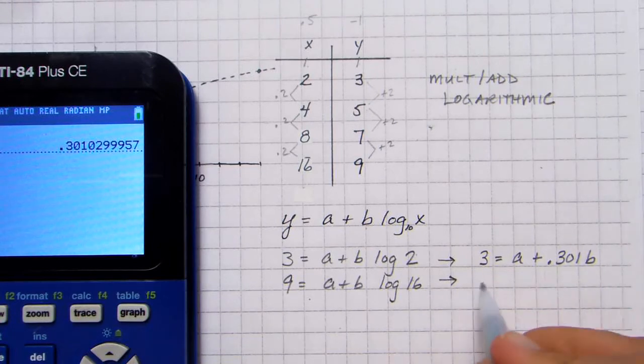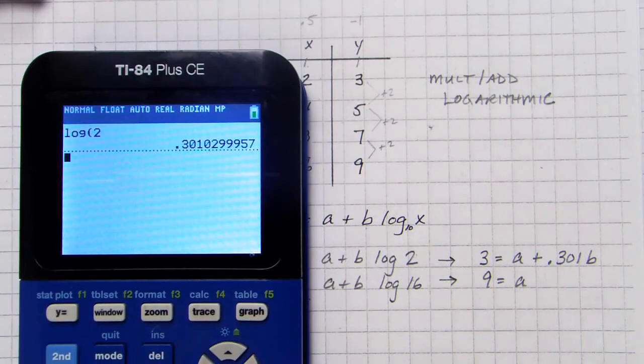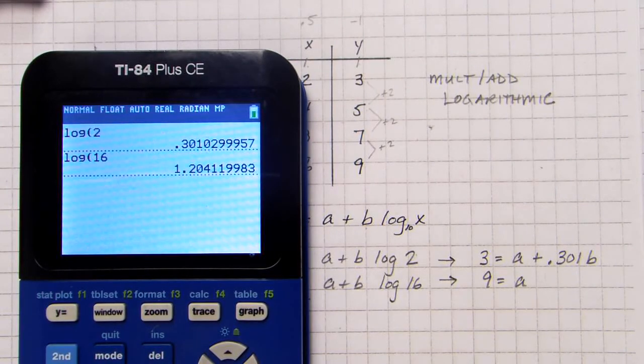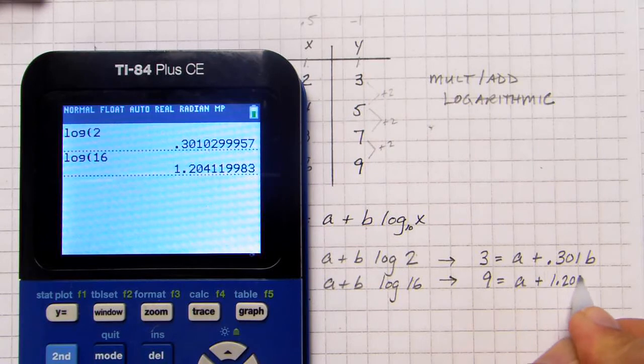And then the second one, 9 equals a, and then I'm going to take the log of 16, which equals about 1.204. So plus 1.204 b.